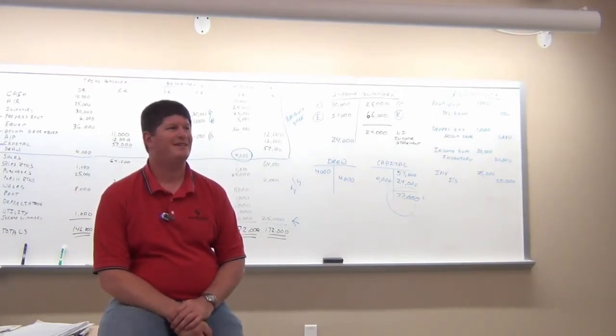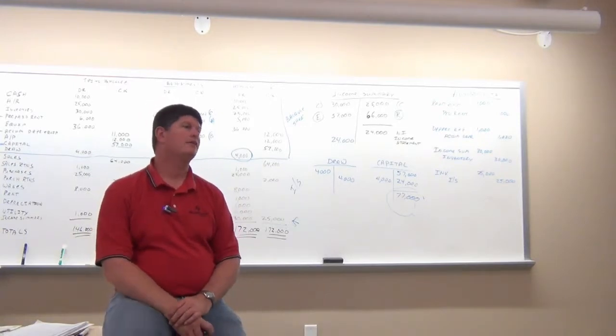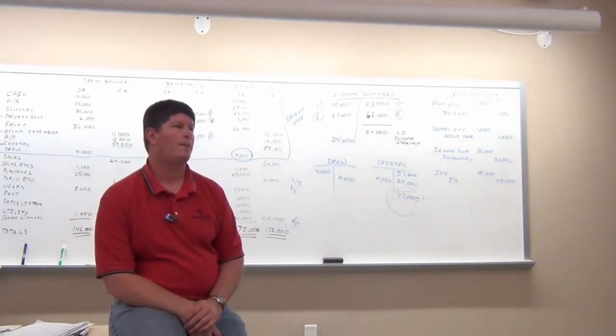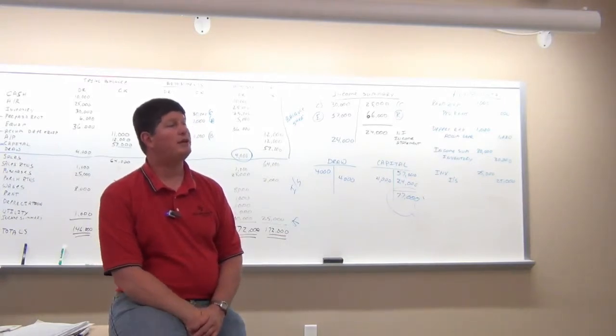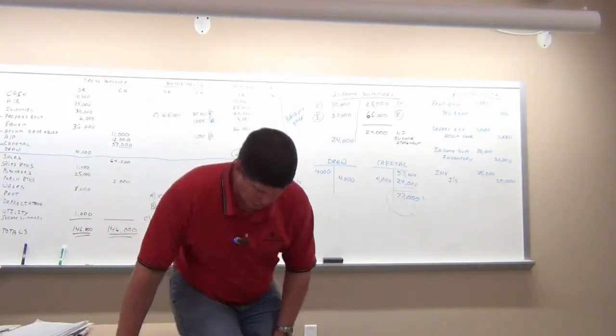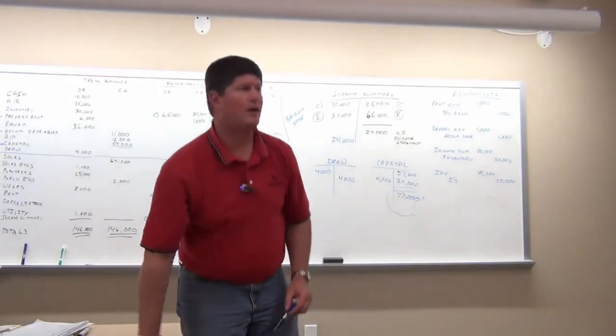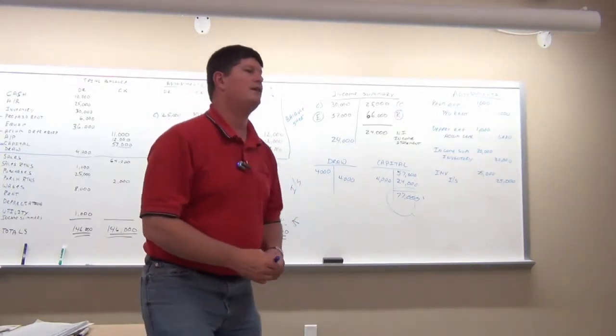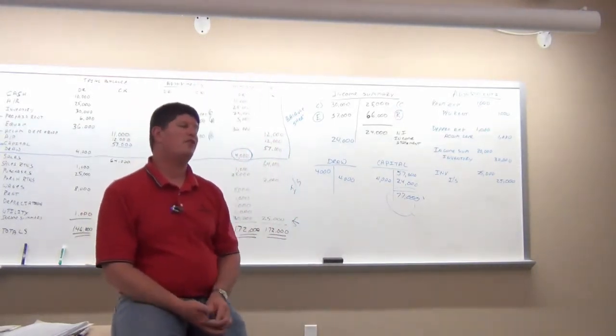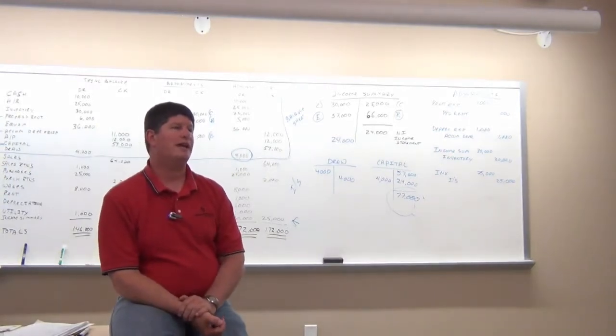Question from the mini project. Do we have to do the accounts payable subsidiary ledger? I believe it tells you to do that, yes. An accounts payable subsidiary ledger is just a list of all the vendors that you owe money to and the balance.